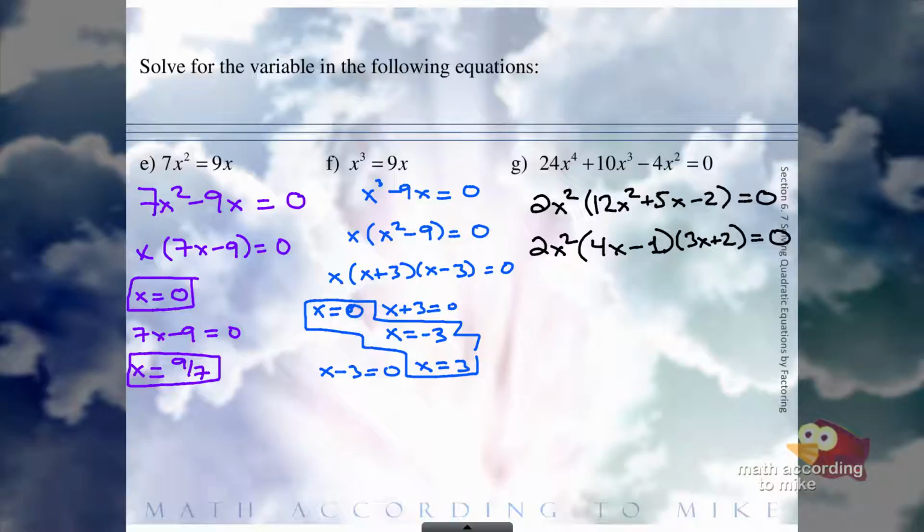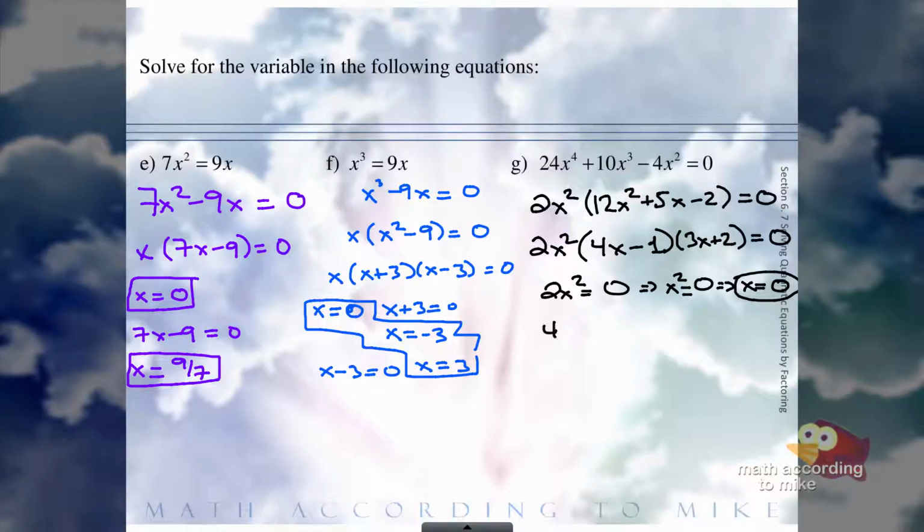Continuing, if we set each factor equal to 0, if 2x squared equals 0, that means that x squared equals 0 by dividing by 2, which means that x equals 0. So that's one answer.